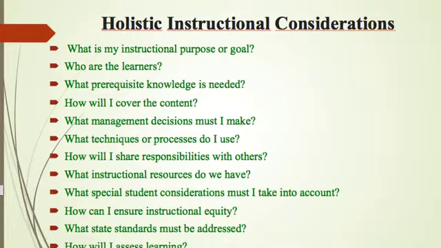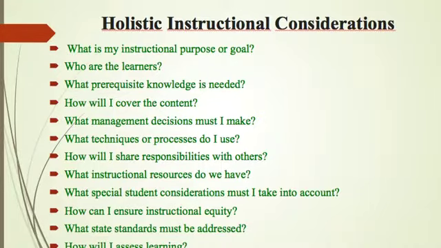The holistic instructional considerations are related to that model. These are some questions that a teacher needs to consider for his classroom or for planning his instruction. What is my instructional purpose or goal? What are the objectives that the teacher has set for that concept or lesson?